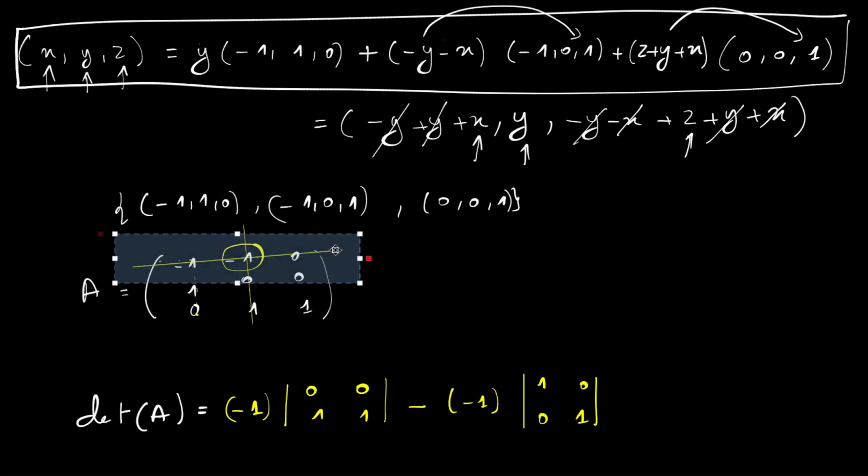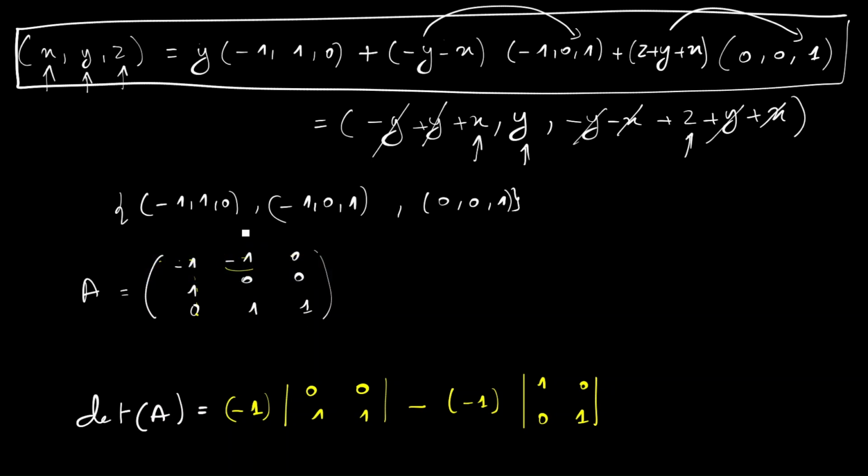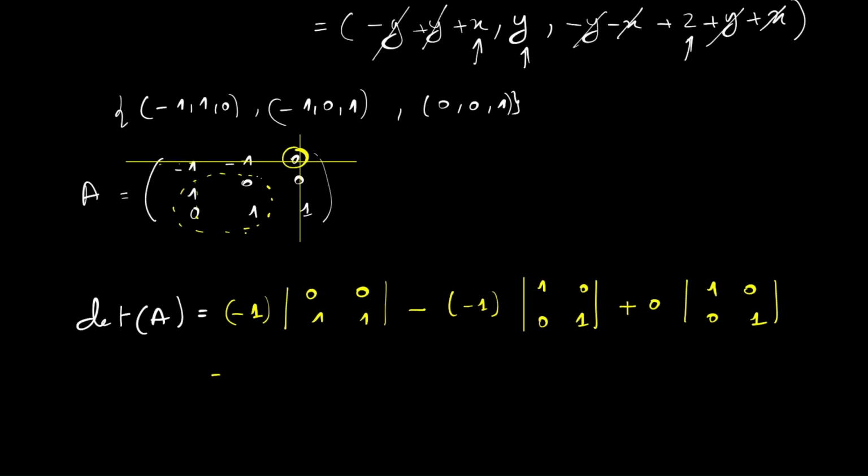The third number to calculate is the third element of the first row. We eliminate this row and this column, and we calculate the determinant of this 2 by 2 matrix. So we continue. Here we have minus 1.